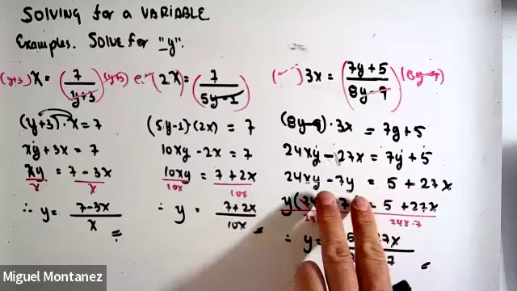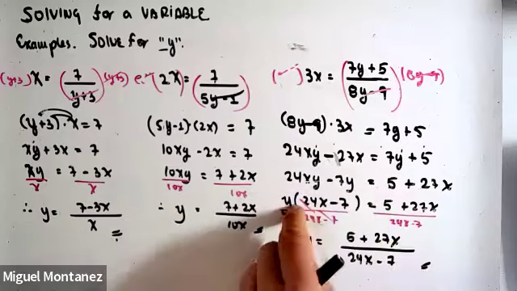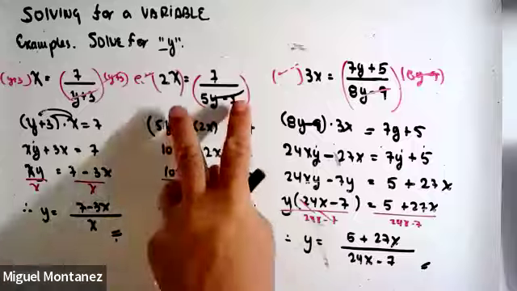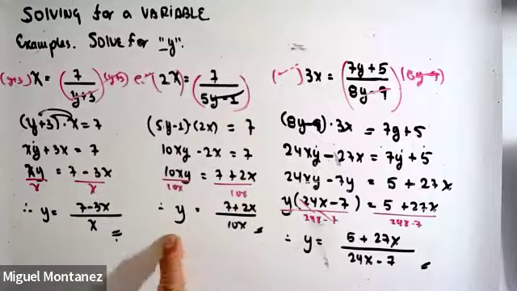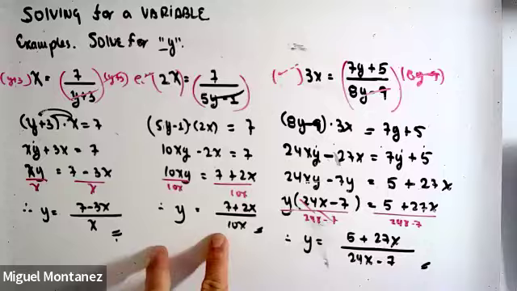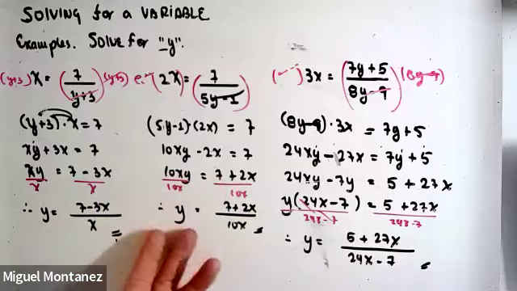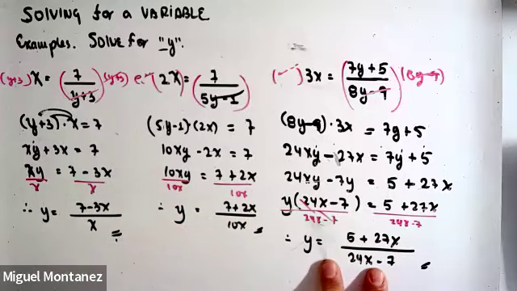So all the terms that contain the variable go on one side of the equation, you factor, and then you divide. No need to factor when I only have one term with the variable, as in the earlier cases. But since I have more than one term with the variable, I must factor out that variable, and then we divide. Hopefully this helps. Thank you.